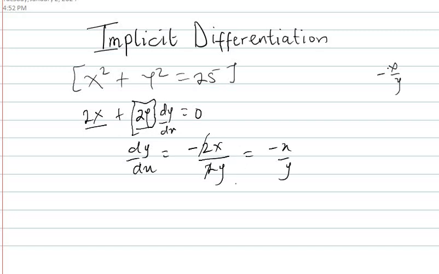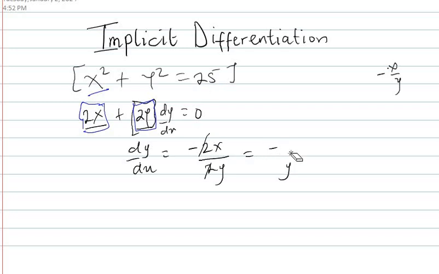Basically this is how you should solve it. If it's a normal x component, you just take its derivative. If it is a y component, you take the derivative of y and then add dy dx to it, and the derivative of a constant is 0. This is how it should be.